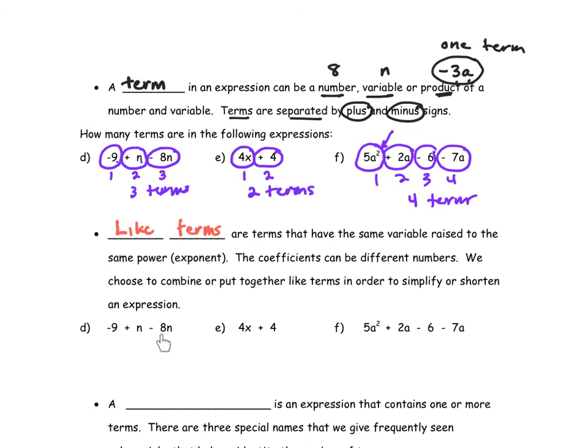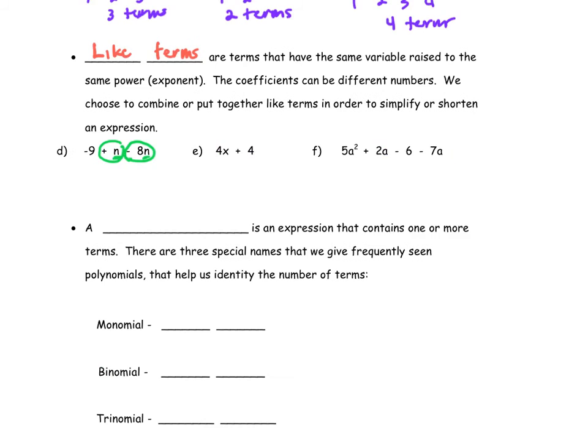So it turns out that this term, and let's go ahead and use my pen, that will be helpful, has an n, even though it doesn't have a number in front of it, and this term also has an n. So it doesn't matter what's in front of the n, but they both have the same variable.